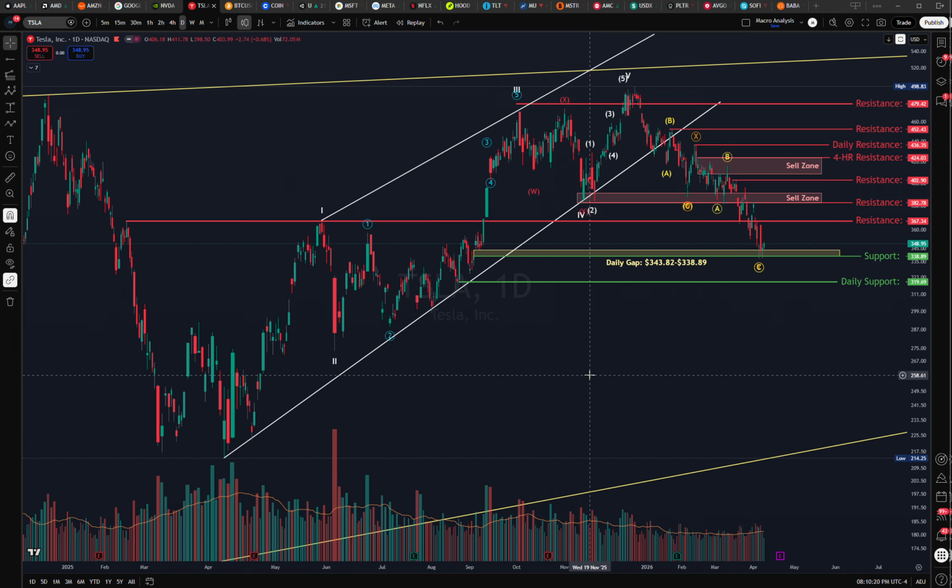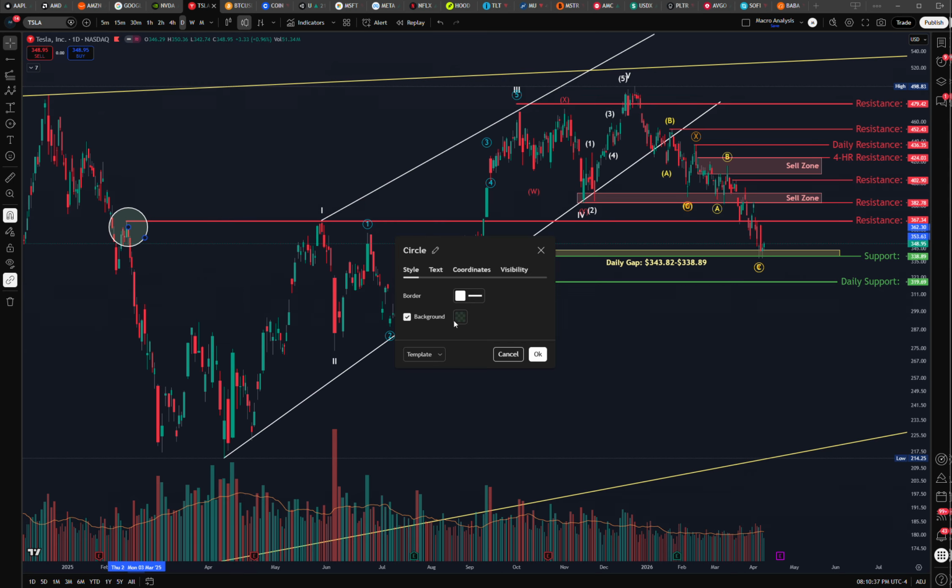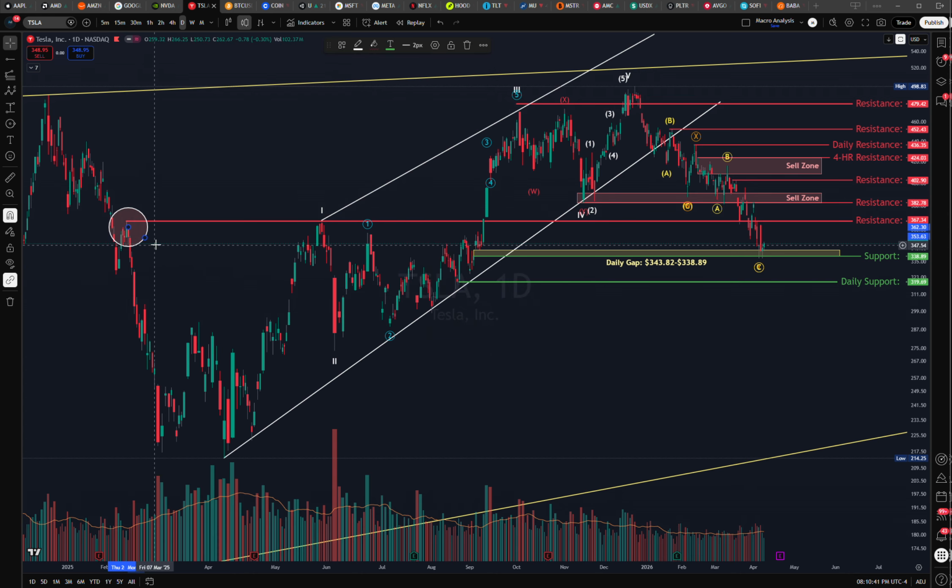Let me see if I can find that for you guys. One of the levels I've been looking at is this level over here, which is 367, a major resistance level because you got sold off right here. Let me just pull that up so you can see it. This level right here is where price got rejected. So this is a major resistance level, a level where Tesla got sold very hard.